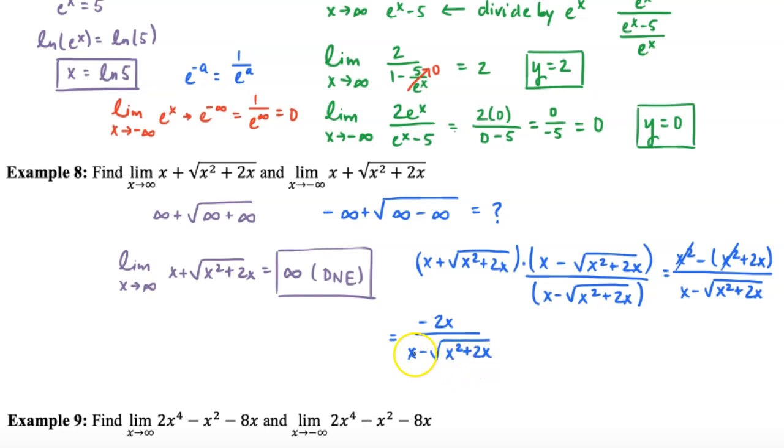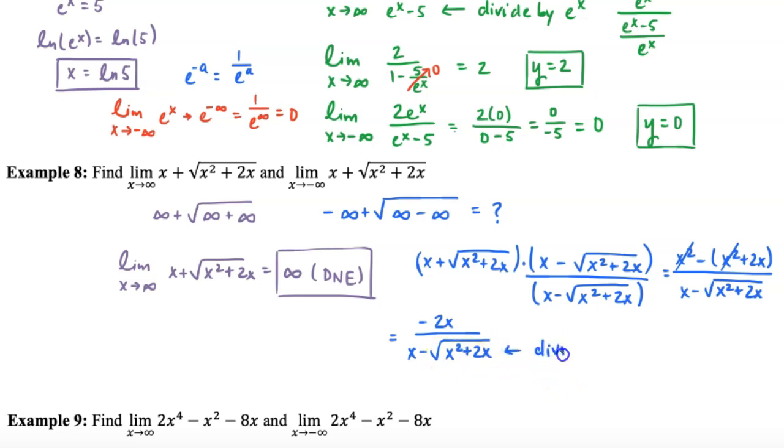And then in my denominator, I'm kind of left with the same thing. I've got a negative infinity. I've got, because this is squared, a positive infinity in this denominator. So I still have some type of infinity over infinity. Now I'm going to use that technique of dividing everything by the largest power in the denominator.